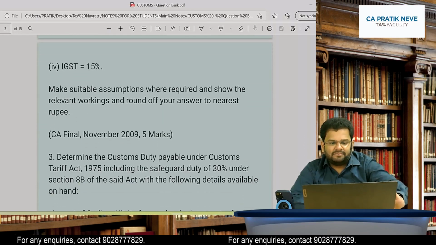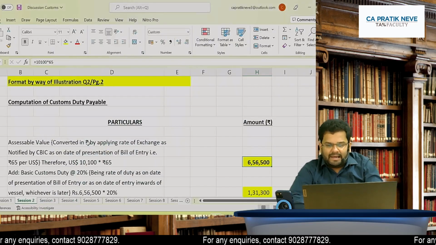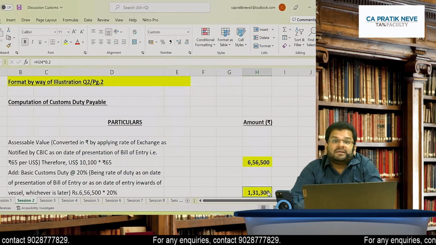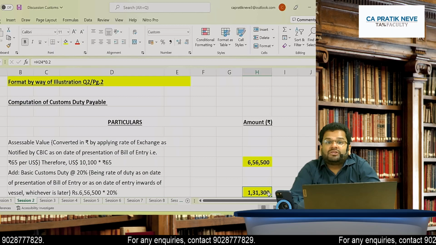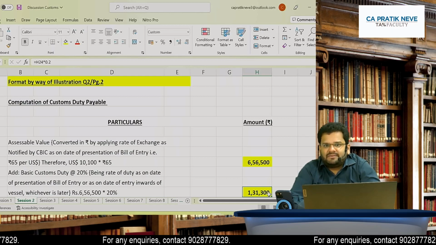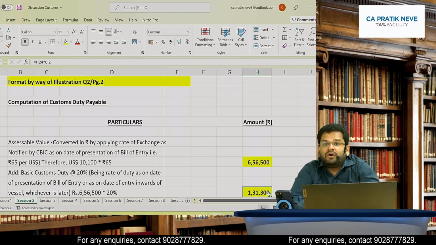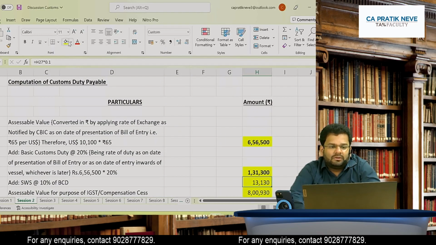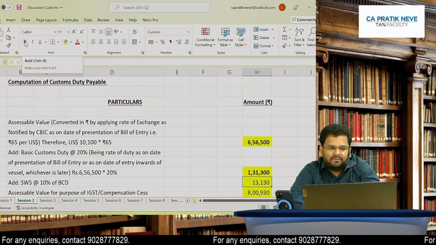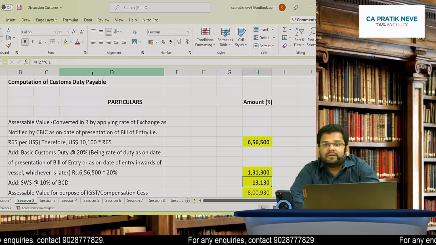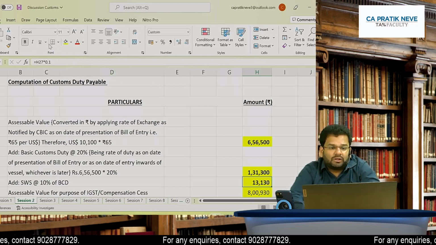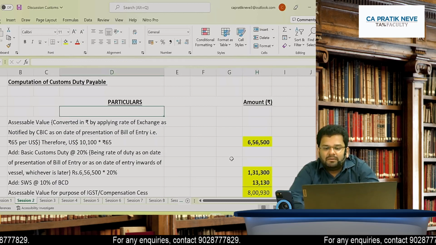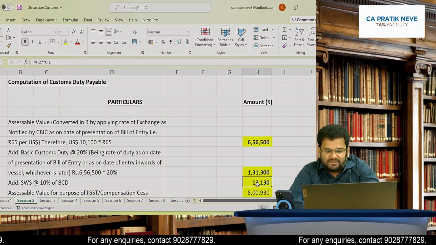What is that? 1,31,300. Then friends, there is compulsory computation of SWS at 10% of 1,31,300. That gives you 13,130. Agreed? Then friends, take the total of assessable value plus BCD plus SWS.